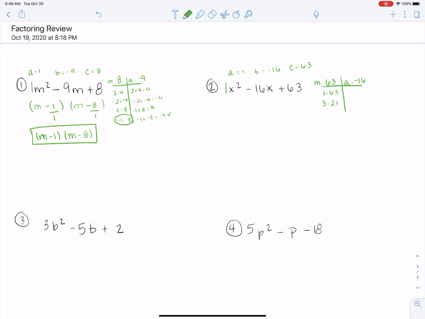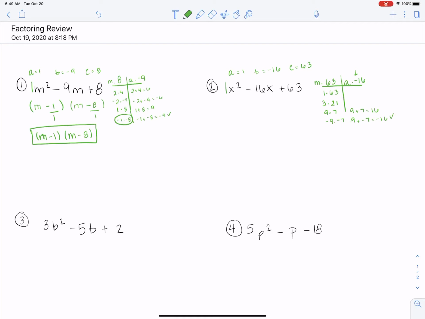If I do 63 divided by 4, that's not a factor. 63 divided by 5, that's not a factor. Let's do 63 divided by 9. That's 7, okay? 9 and 7. Now if I add 9 and 7, I get 16, but I need to get -16. So I'm going to make it -9 and -7, and that's negative 16, so that works.